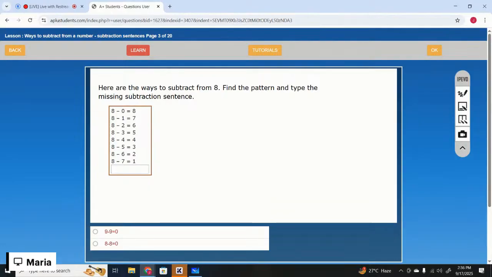Here are the ways to subtract from 8. Find the pattern and type the missing subtraction sentence. That is 8 take away 8 is 0. Option number 2 is the correct option.